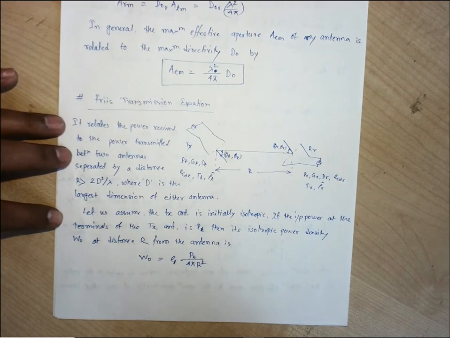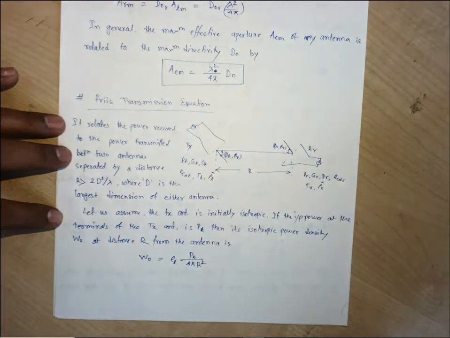How much power is actually transmitted out of the power which is coming from the source connected to that antenna?